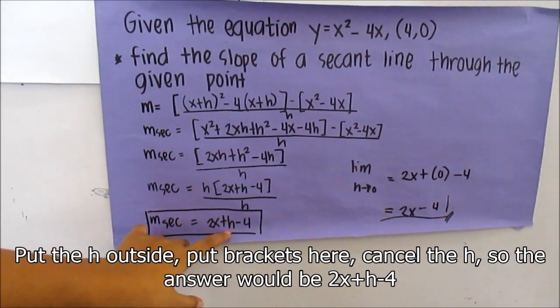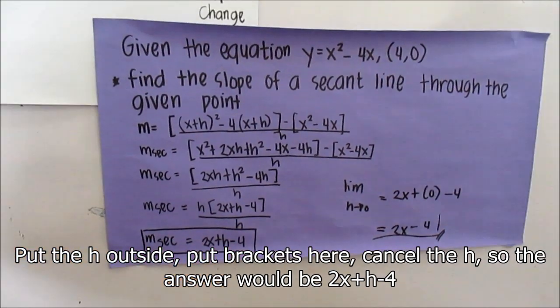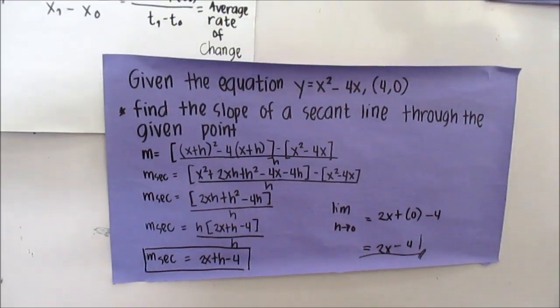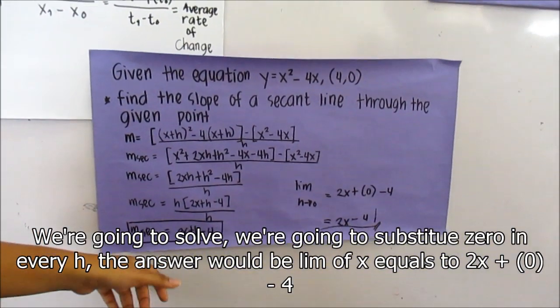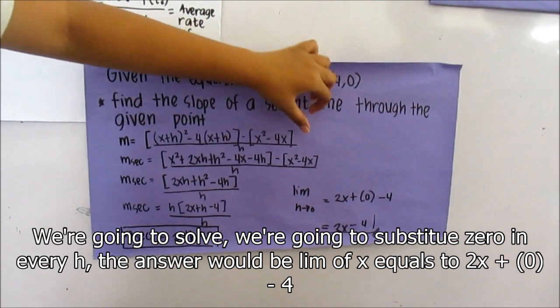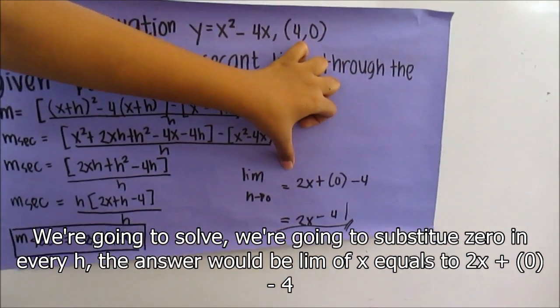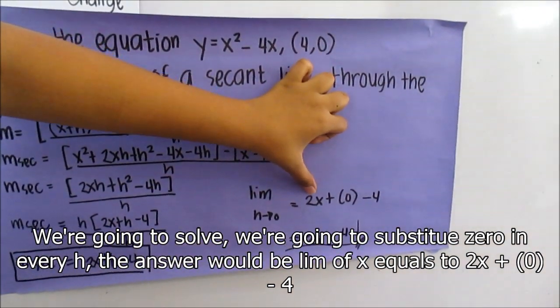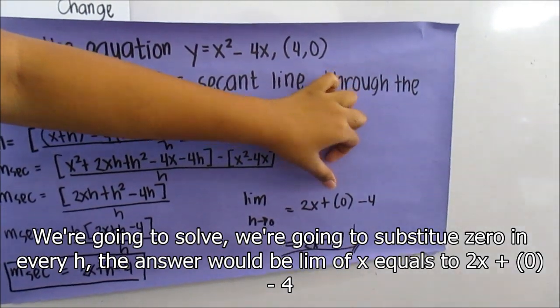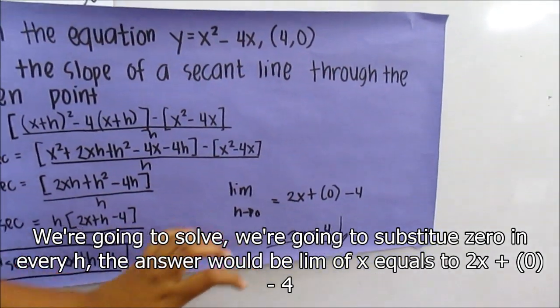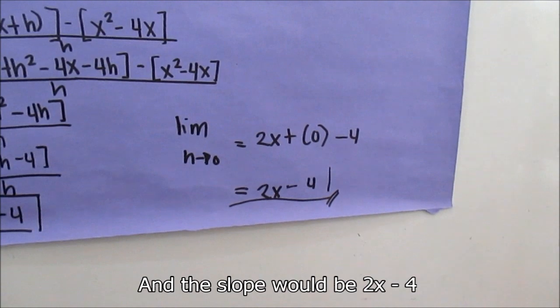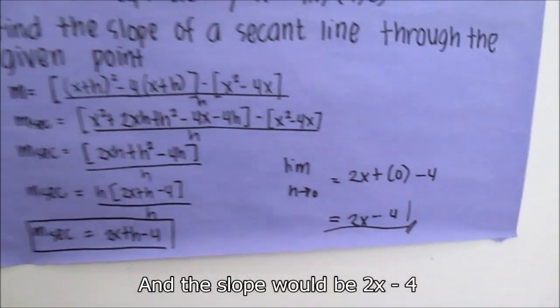So the answer would be 2x plus h minus 4. So we are going to substitute 0 in every h. So the answer would be limit of 2x plus 0 minus 4. And the slope would be 2x minus 4.